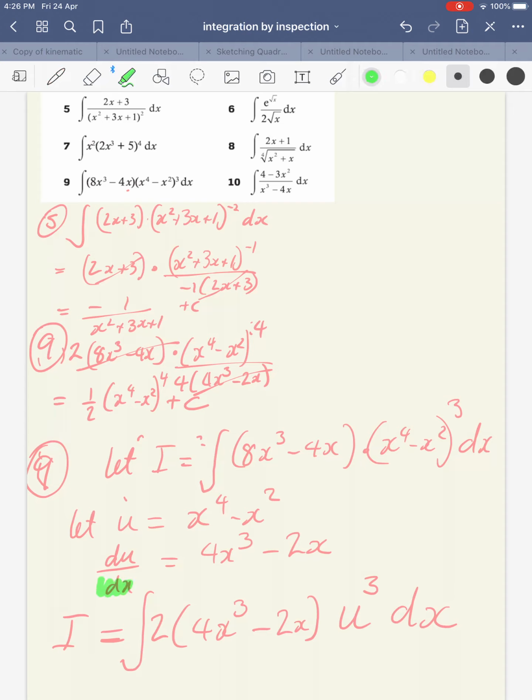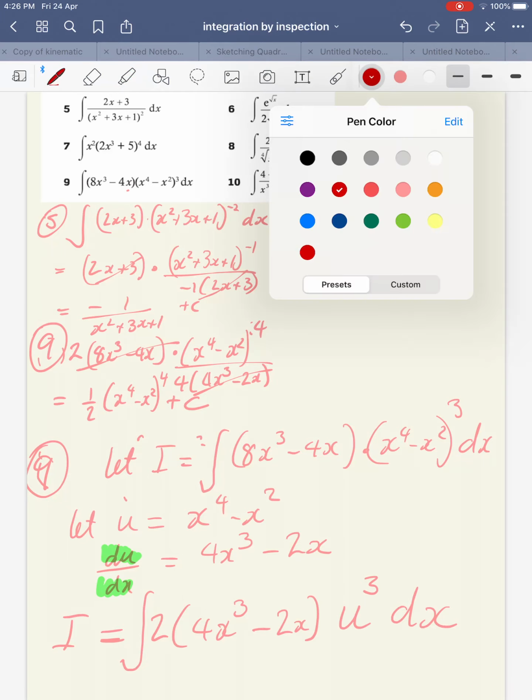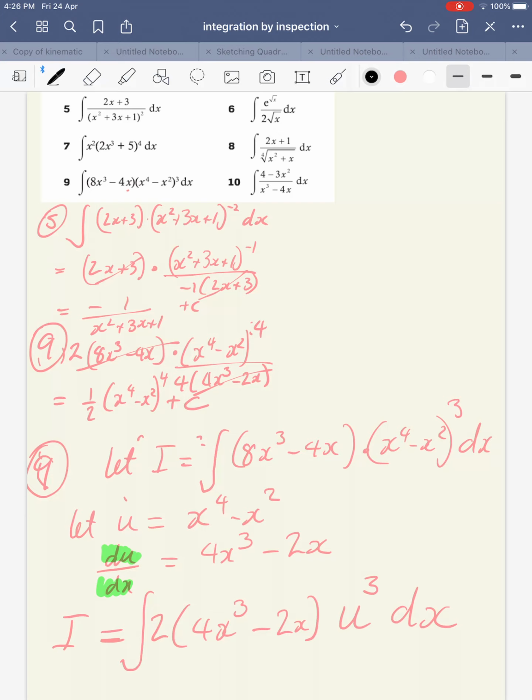But can you see I could replace the dx, because I've got a dx actually over here. So I could rearrange this, and we can separate the variables here. We're treating these as small increments, so du by dx is a small change in u over a small change in x, and we can separate the variables here. That's perfectly allowed. So if I did separate the variables and just wrote it down in a different colour pen, then I could say that dx is replaceable by du over 4x cubed minus 2x.